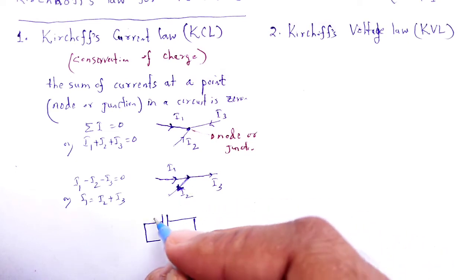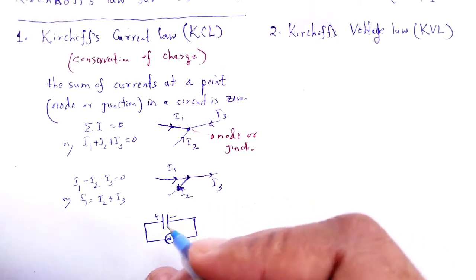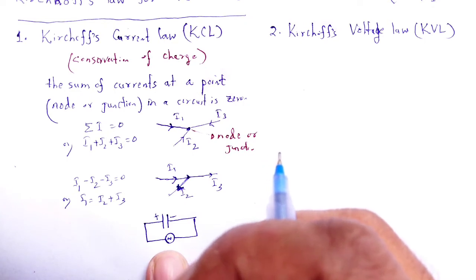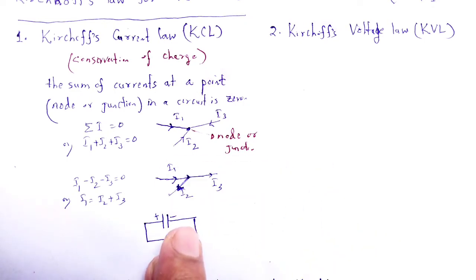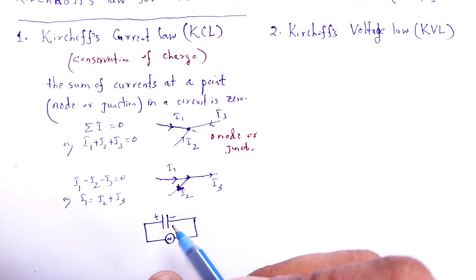This means here positive charge, here negative charge accumulates. Whenever charge is deposited on one plate, an equal amount of charge flows out of the other plate. Hence, as long as current enters one plate, the same current is leaving the other plate of that capacitor. Thus, the two plates of the capacitor are just like the two ends of a resistor.